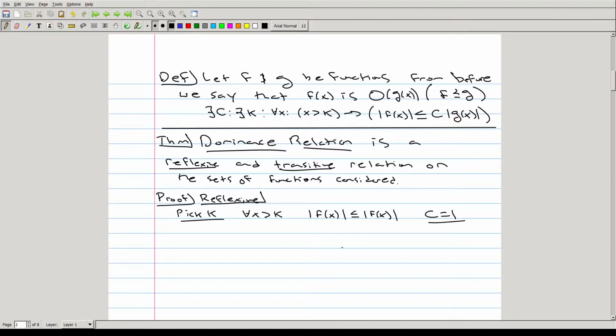And this will always be true because the absolute value of f of x will always be equal to the absolute value of f of x. Therefore, f is dominated by itself, or f is big O of itself.